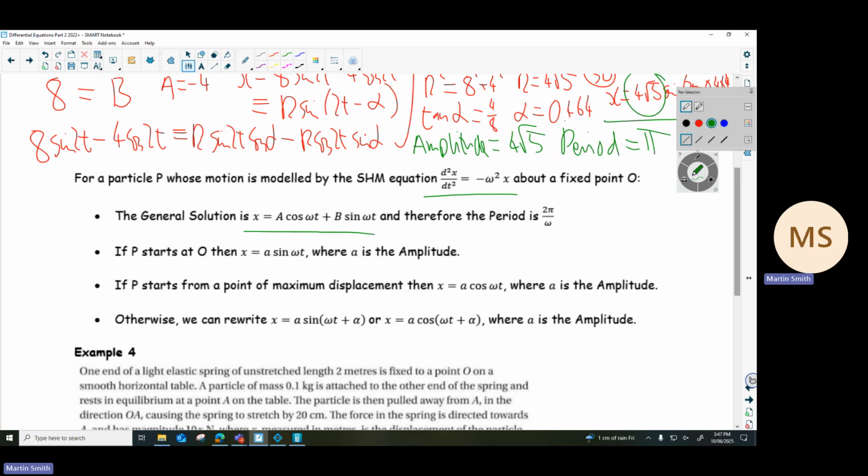If the object starts at the origin, its fixed point, its center of oscillation, its equilibrium position, x is A sine omega t, where A is the amplitude. It could start from a point of maximum displacement, in which case x is A cos omega t. Otherwise, it can be rewritten in the form x is A sine of omega t plus alpha.